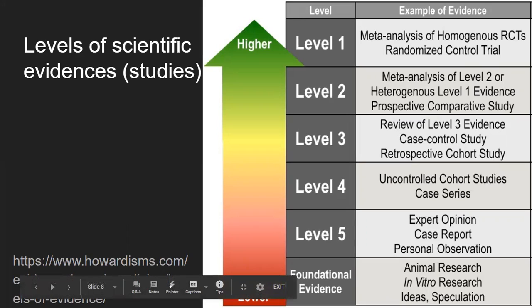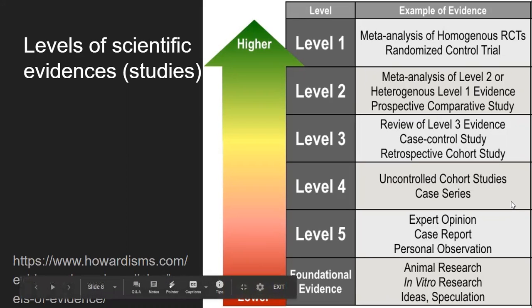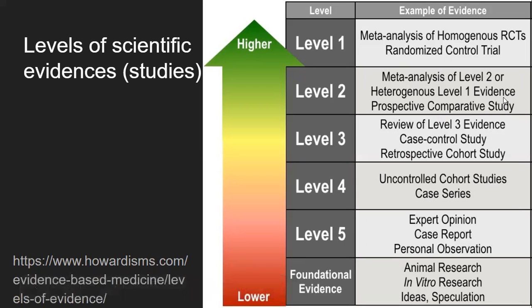And then there are expert opinions, case reports, which are like anecdotal evidence, personal observations. Then you have the next level, which are case studies, cohort studies, and then all the different studies. And then the highest being meta-analysis of randomized controlled trials, and also randomized controlled trials. So we have levels of evidence.